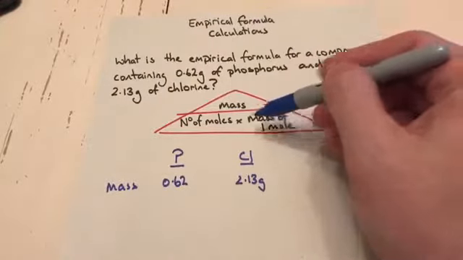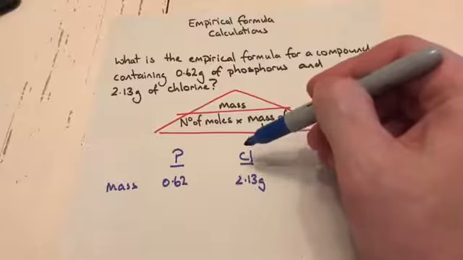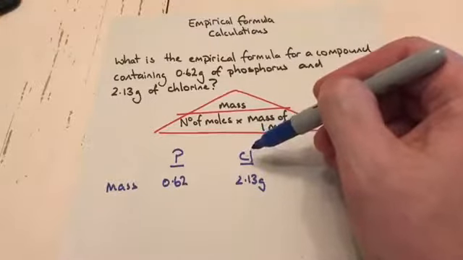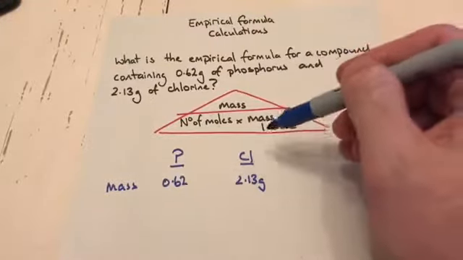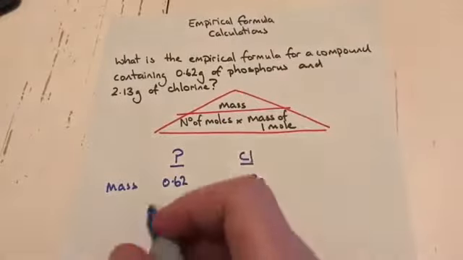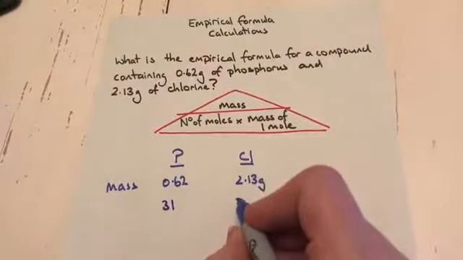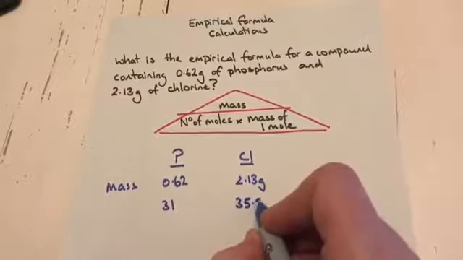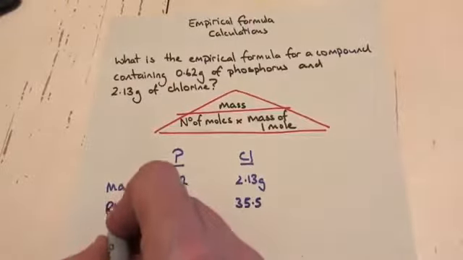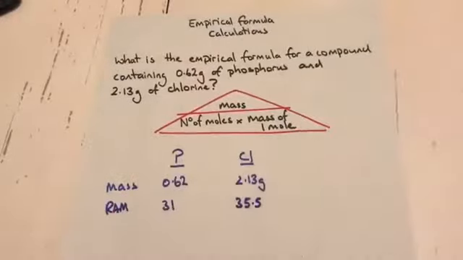So the mass of 1 mole, because they're elements, is from the periodic table. It's the relative atomic mass. So we look at the periodic table, we find phosphorus, its relative atomic mass is 31, and chlorine is 35.5. So that is the relative atomic mass, which is the mass of 1 mole according to the triangle.